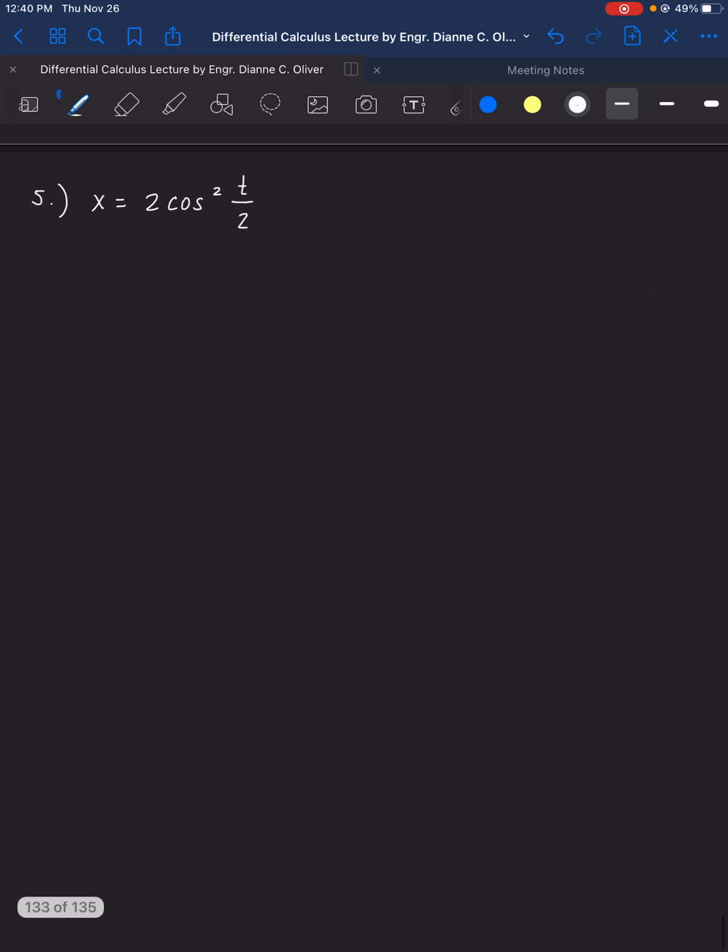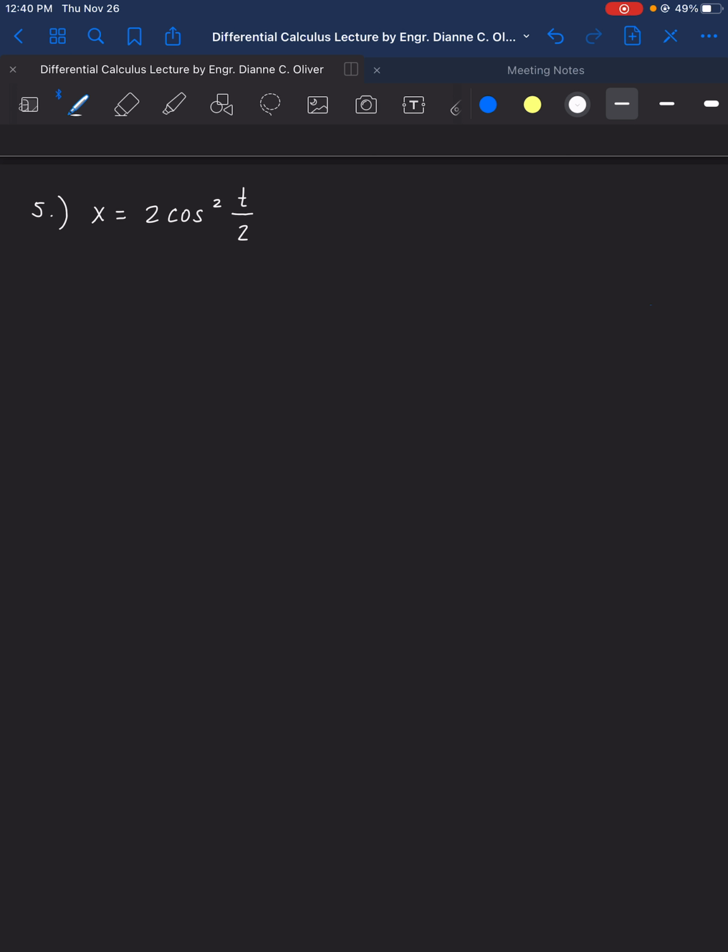Now next is sample number 5. So here we have x is equal to 2 cosine squared t over 2. So we will again use the pattern. The derivative of cosine u is negative sine u du, and the power formula.